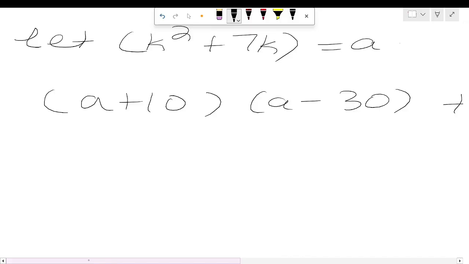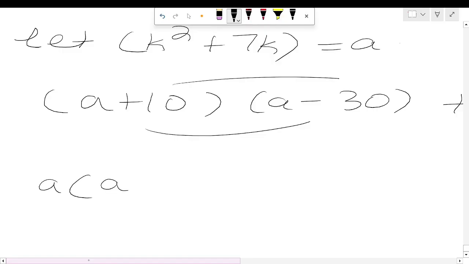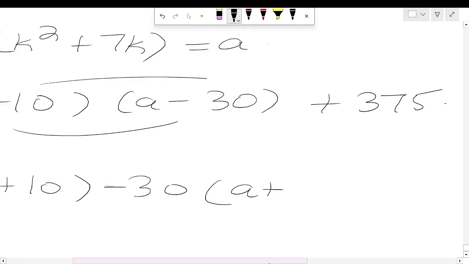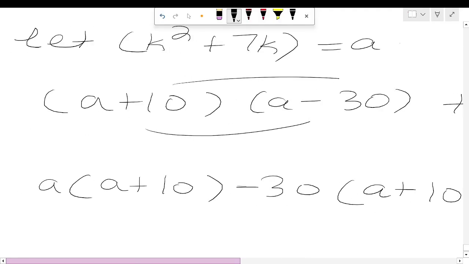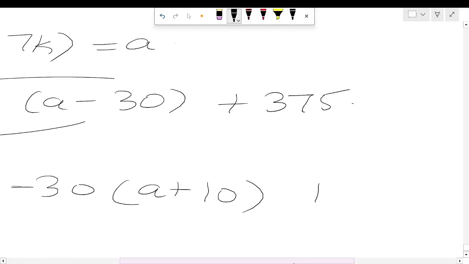So we will multiply these terms first, and then we will check for their factors. So I'll just write a bracket a plus 10 and minus 30 bracket a plus 10. After writing this, what I will do is write positive 375 as separate there.